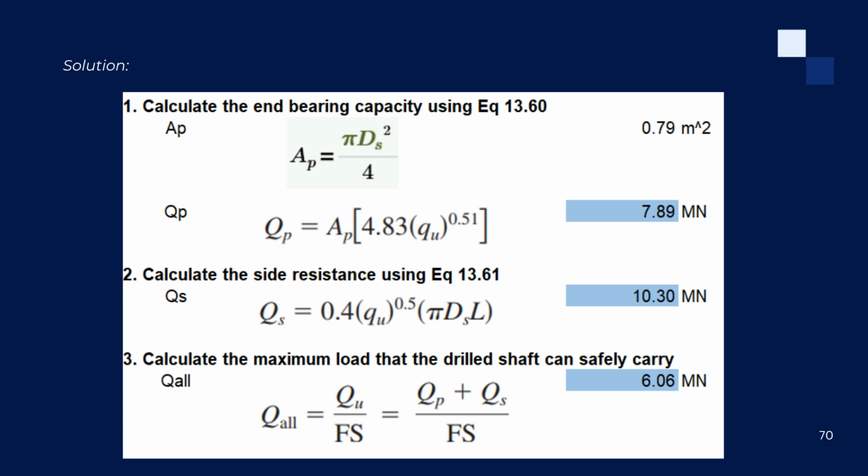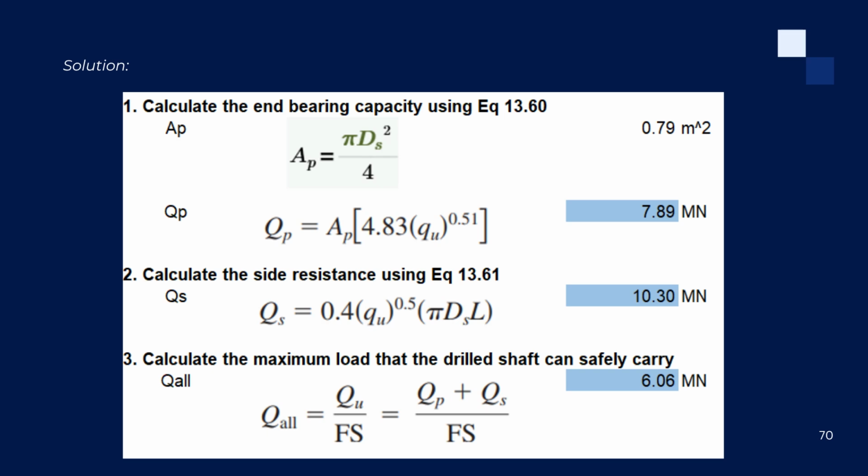Step 1. Calculate the end-bearing capacity. AP is equals to pi times d squared over 4. Compute the QP is equals to AP (4.83 times QU to the power of 0.51). Step 2. Calculate the side resistance.